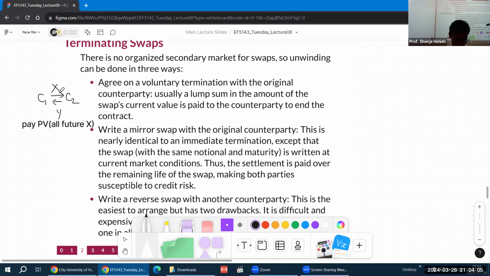So imagine you still have this arrangement in which you are paying C2 X and he's paying C1 Y, and you simply write a mirror swap in which C2 will pay you X and you pay it Y.